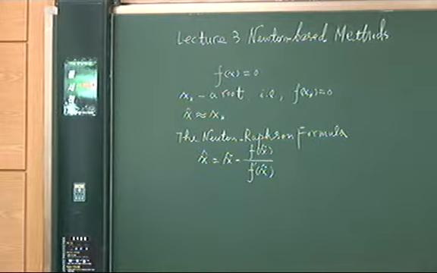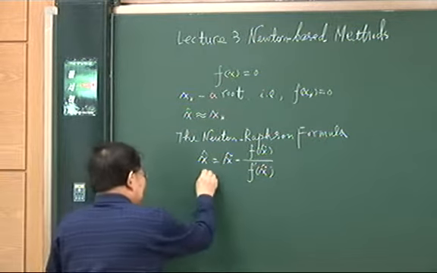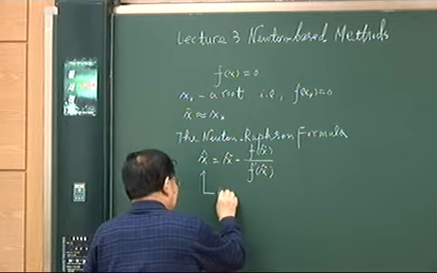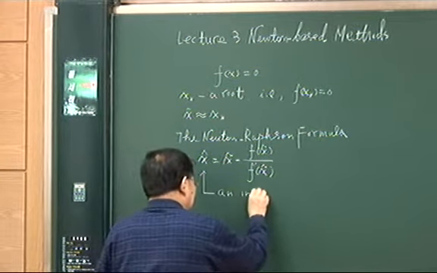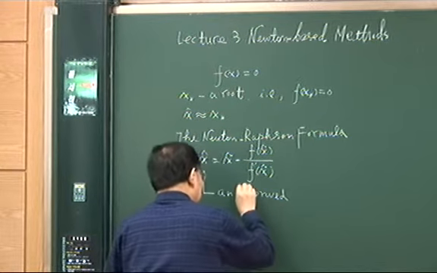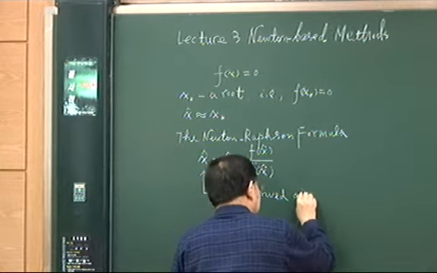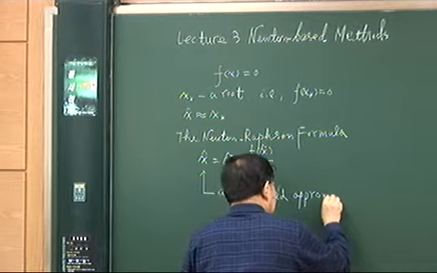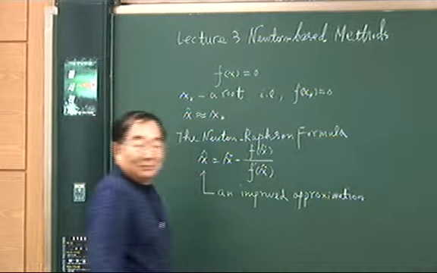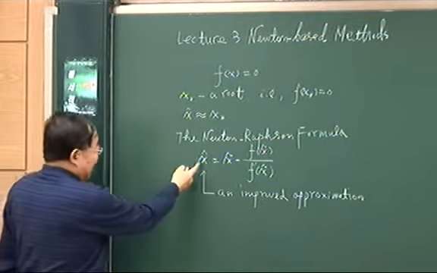This is the Newton formula. We know this is an improved approximation. Usually, this is better than this one.